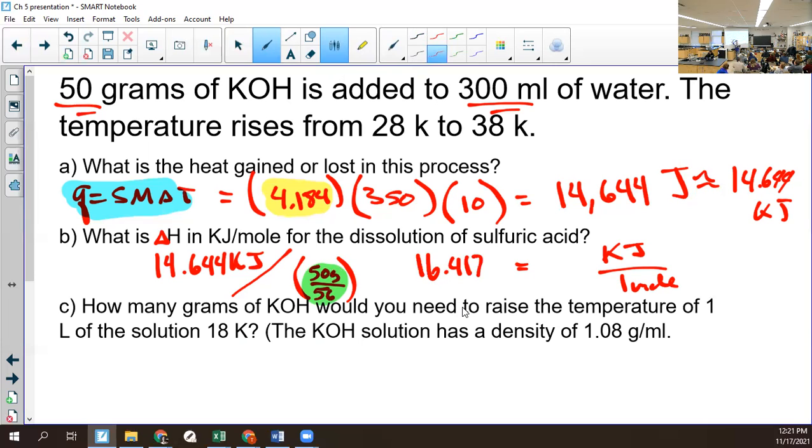But if I had a full mole, which is 56 grams, it would produce that much heat. So one more time in words, take the answer to part A and divide it by the moles you were given. Now you have to calculate those.